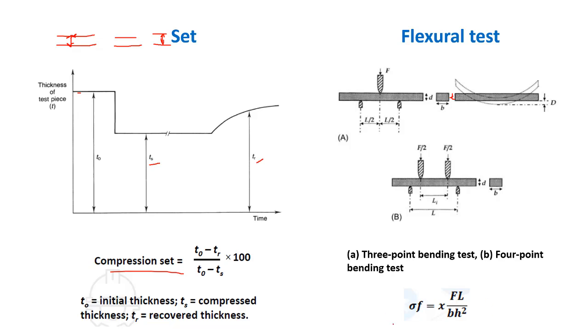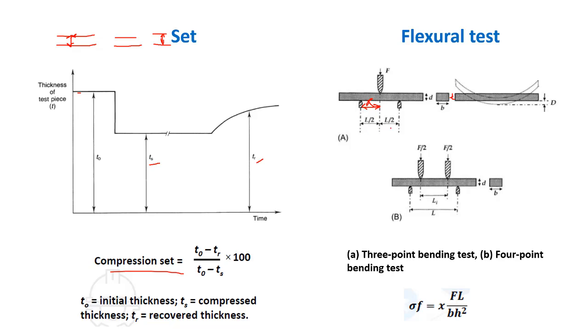Here X is the point at which we are applying the force, so X will be L by 2 basically, and F is the force which is getting applied, and L is the total span of this polymer material. Here it will be L by 2 plus L by 2, which is L.